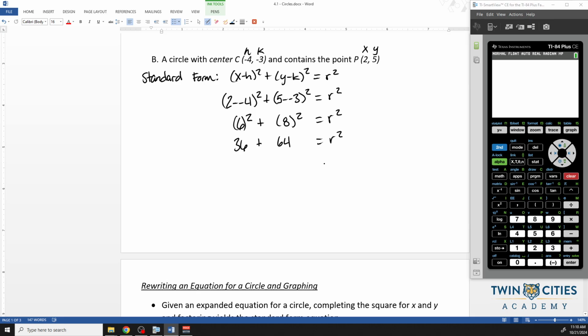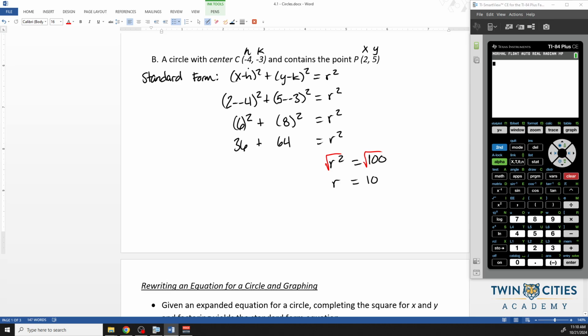So I can say r squared is 36 and 64, which make 100. And then we'll take the square root. So r is equal to, the square root of 100 is 10.